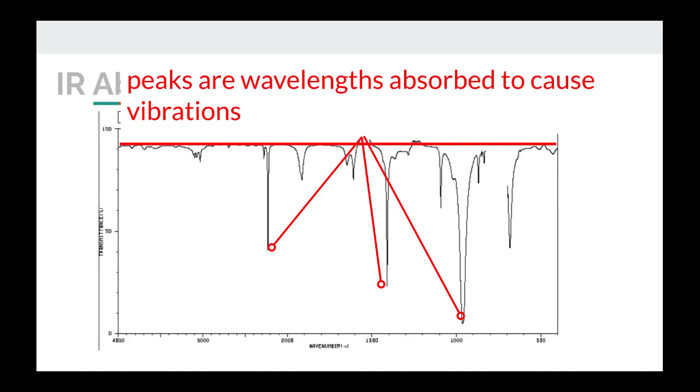And the deeper the spike, the more of that energy is absorbed, which would mean the more of that type of vibration there is. Let's say that this, for example, represented a certain kind of stretching of a double bond. If you saw a lot of that energy being removed, then that would mean the molecule you're looking at has that kind of a double bond that can do that kind of stretching.